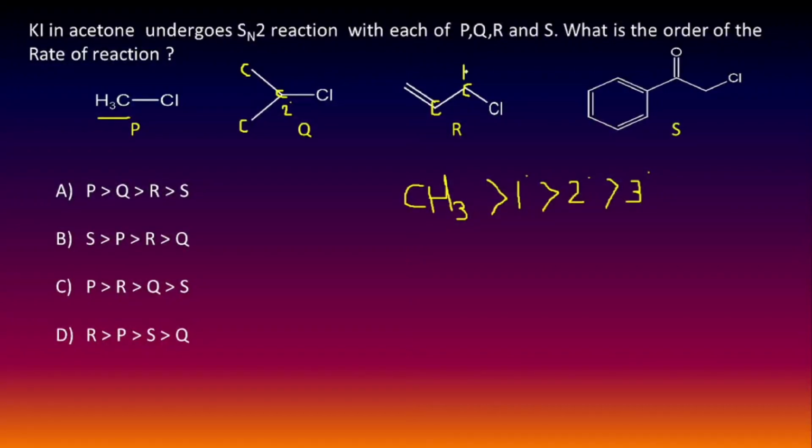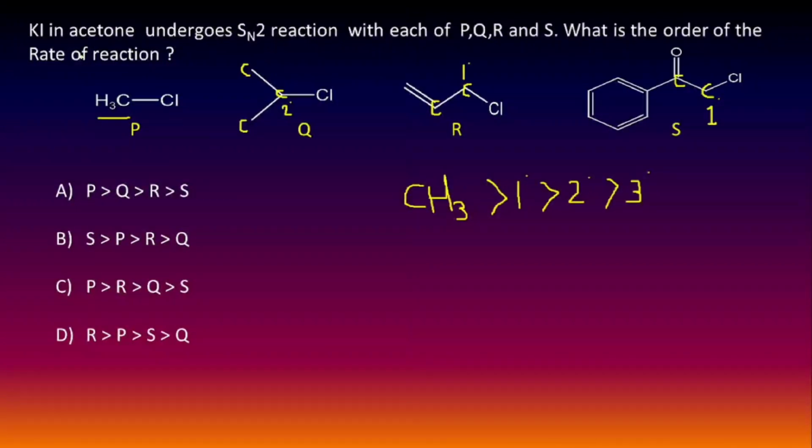It is a primary carbon. And here also primary because chlorine is attached with a primary carbon. Okay, here this carbon is connected with only 1 carbon. So you can see here there is 1 secondary and 2 primary and 1 methyl present.